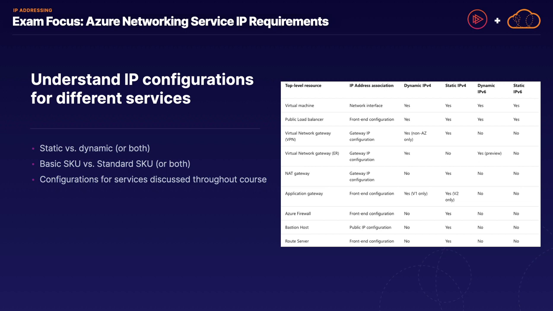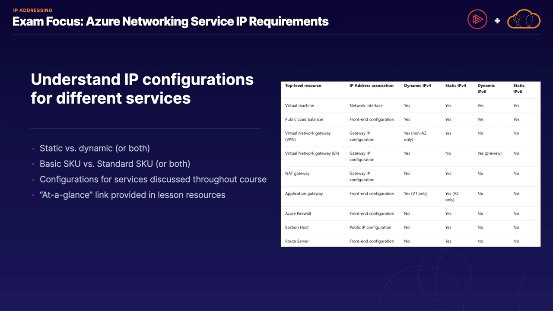So this is going to be an ongoing detail that we are going to continually refer to. With that in mind, there is also an at-a-glance link that Microsoft provides in their documentation, which we can see on the right side, with the breakdown of services and dynamic versus static and other configurations as well. And we will attach that at-a-glance link to the resources for this lesson for your own reference.